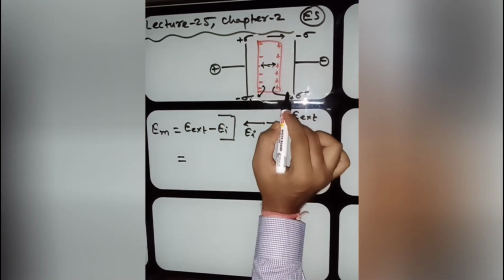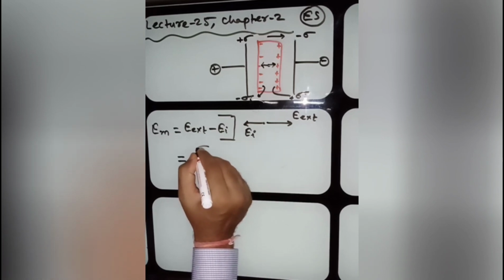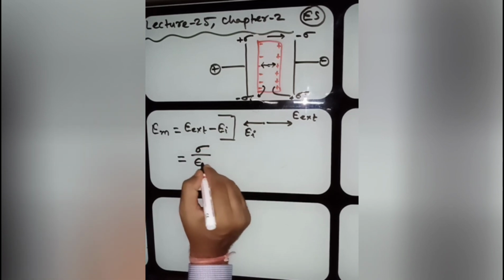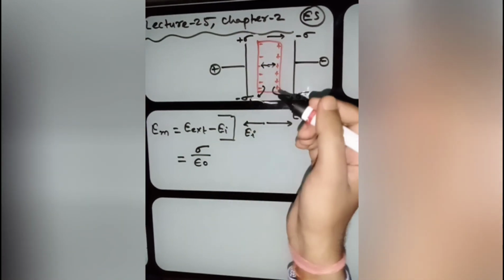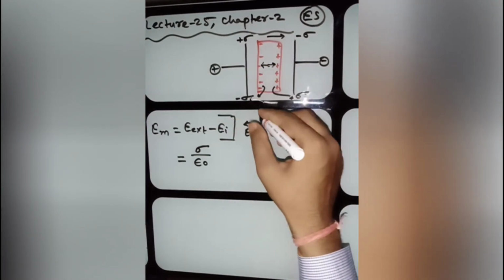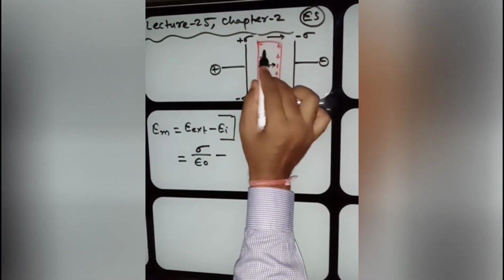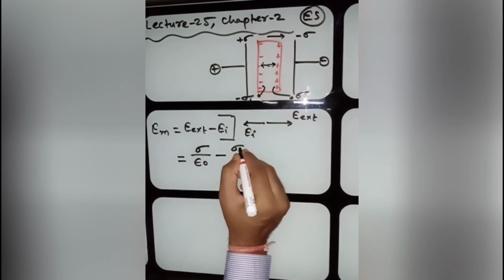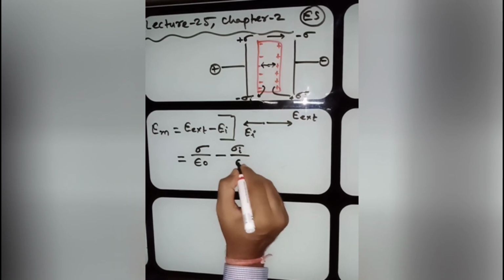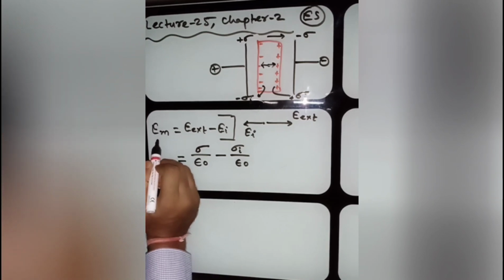Now we can write E external, that is the electric field we have given, as sigma by epsilon naught. I hope you remember, within this metal plate the electric field will be sigma by epsilon naught minus the electric field due to this particular medium, which will of course be sigma induced by epsilon naught. This is the electric field in medium.